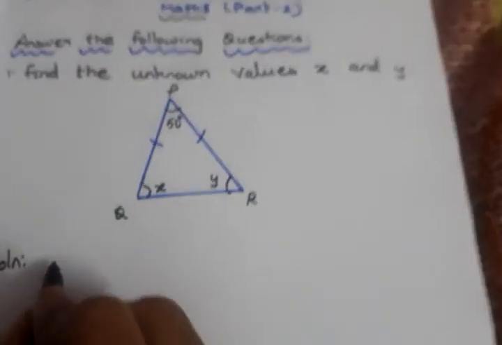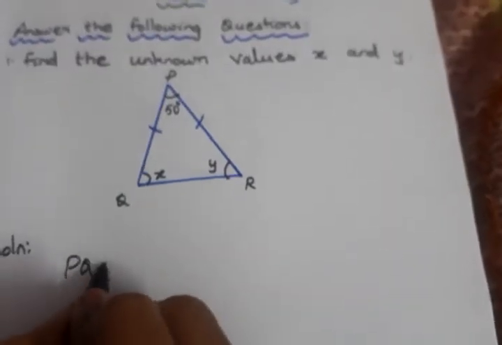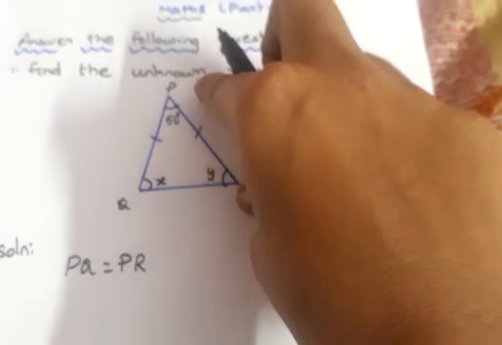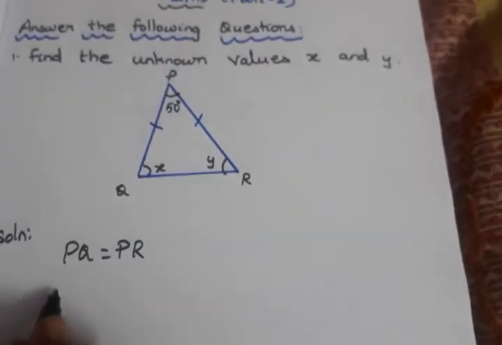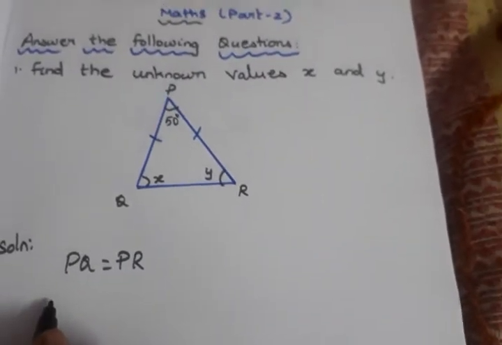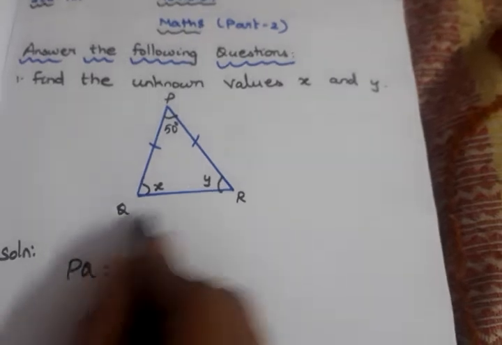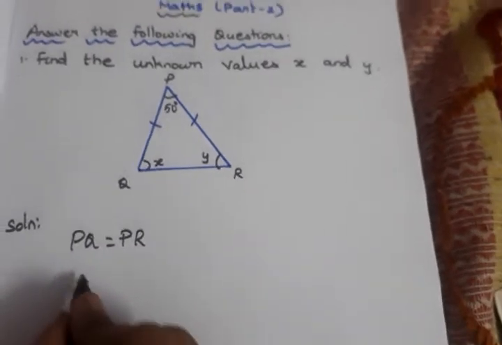Solution: PQ equals PR. This side and this side are equal. So angle Q and angle R are equal.